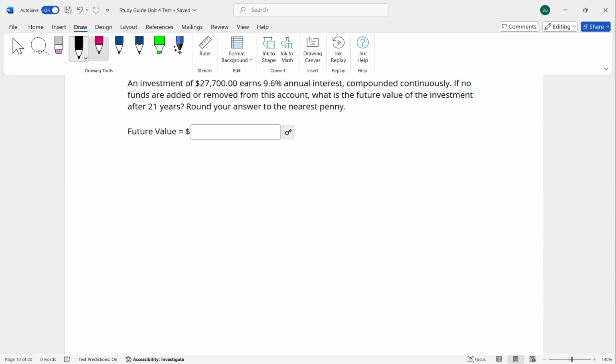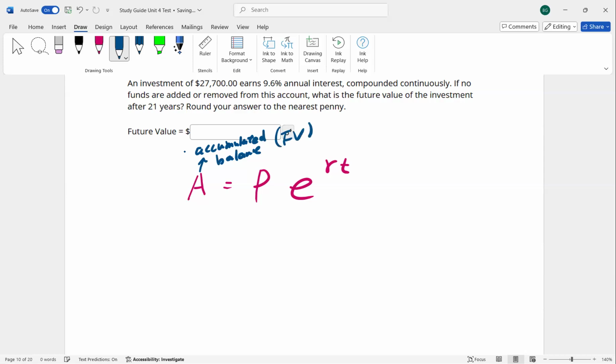We need to know the formula for compound interest when the interest is compounded continuously. The formula is A equals P e to the power of rt. rt is the exponent of e. A is the accumulated balance, which is the future value.